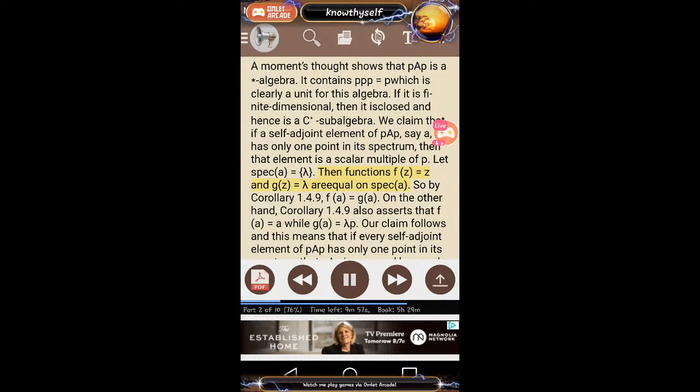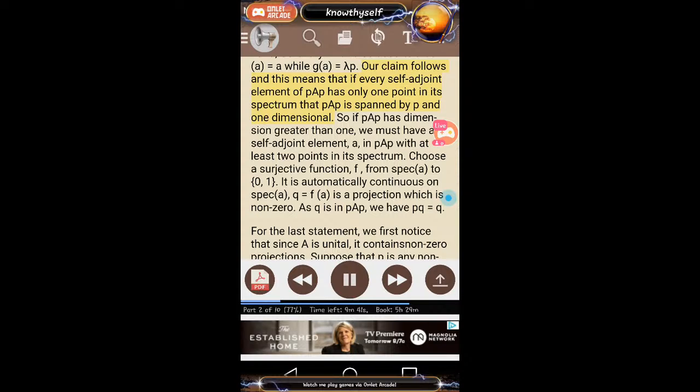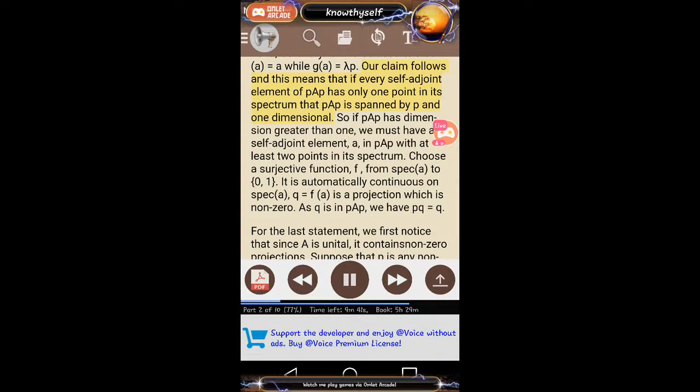Then functions f(z) equals z and g(z) equals lambda are equal on spec a. So by corollary 1.4.9, f(a) equals g(a). On the other hand, corollary 1.4.9 also asserts that f(a) equals a while g(a) equals lambda p. Our claim follows, and this means that if every self-adjoint element of pAp has only one point in its spectrum, then pAp is spanned by p and one-dimensional.